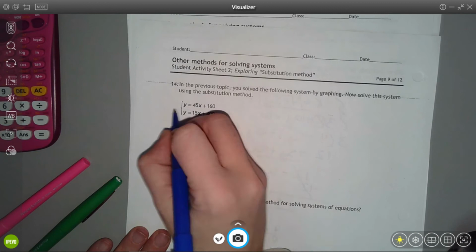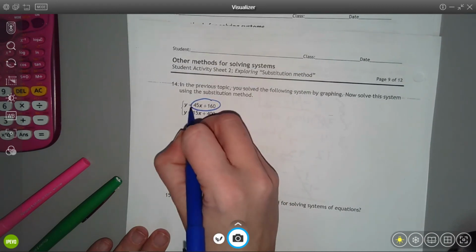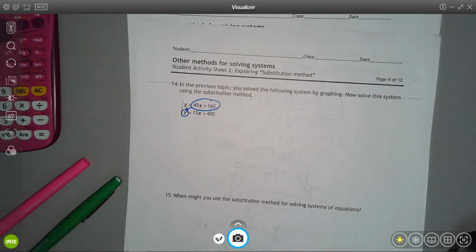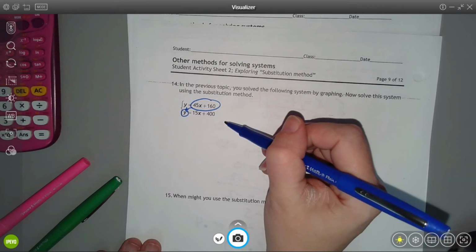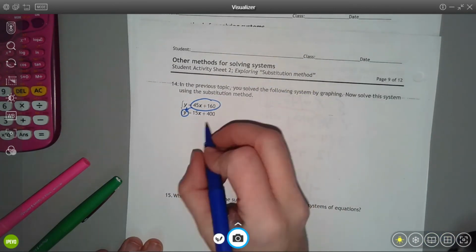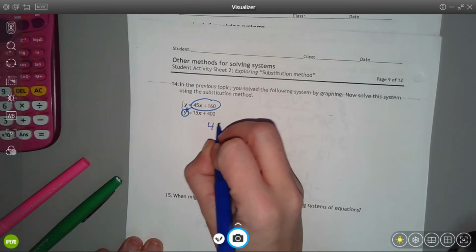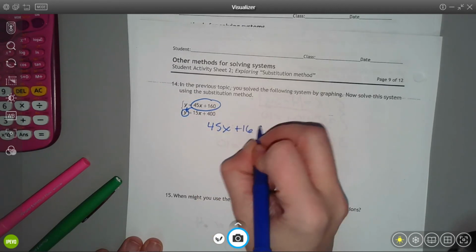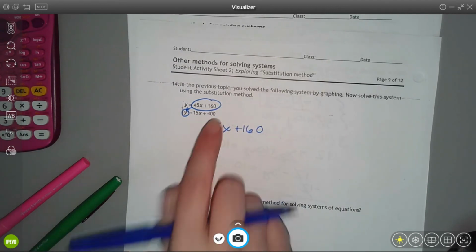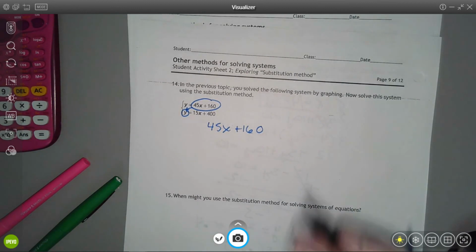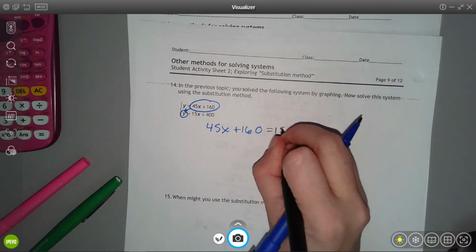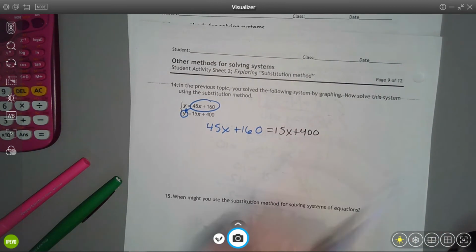Substitution. So here, we have what y equals. We're going to substitute it into the other y. I like them when they're like this because we just have to set them equal to each other. So we're going to say 45x plus 160, and again, I'm just rewriting the second line, equals 15x plus 400. And I'm going to go ahead and solve this.